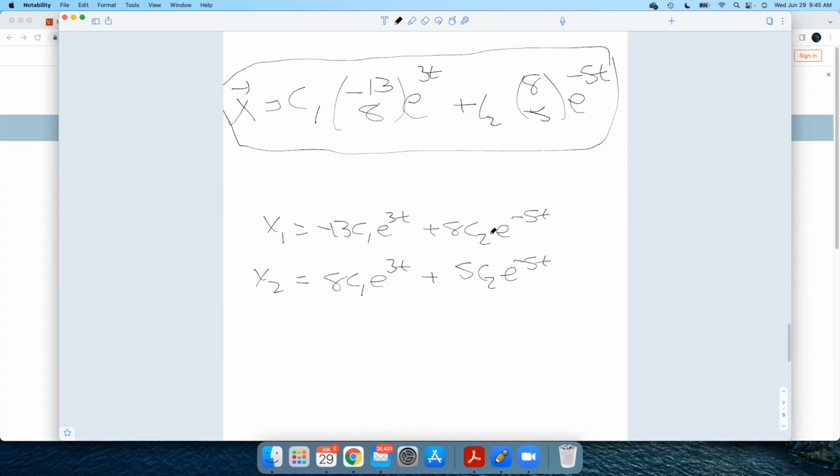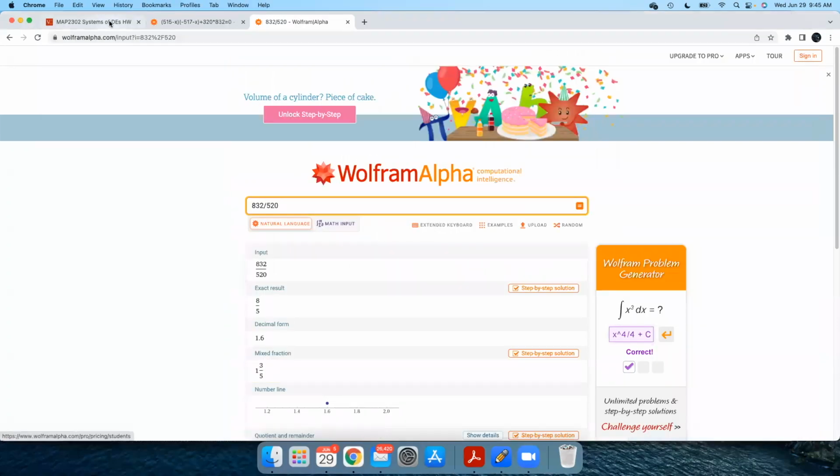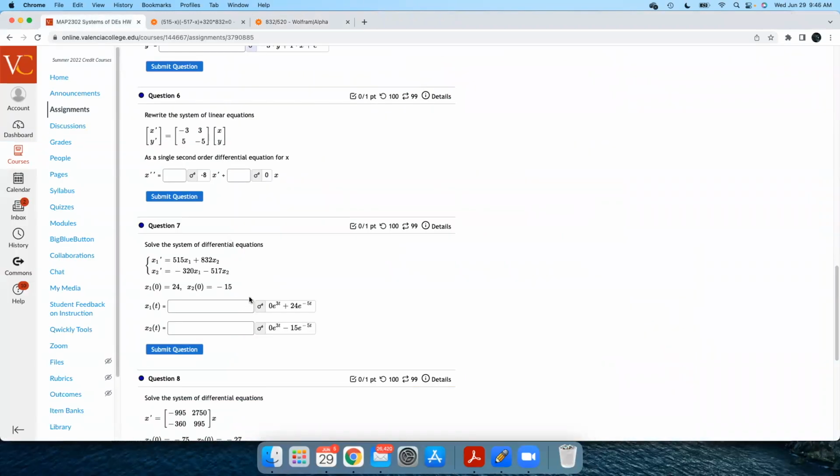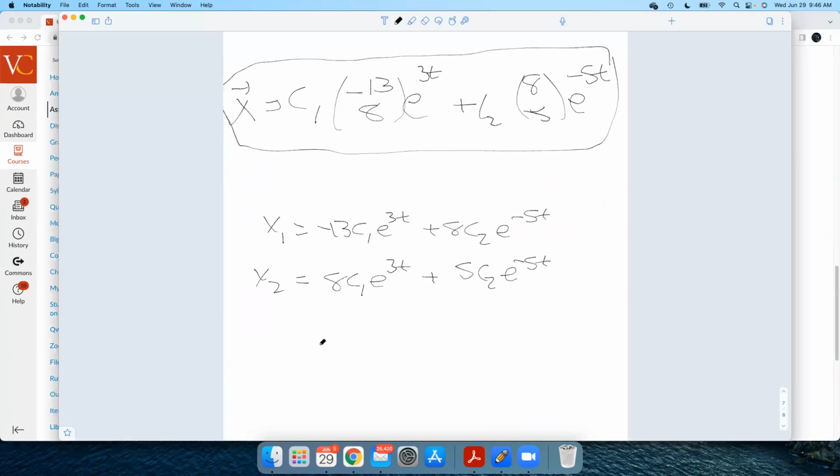We're trying to find C1 and C2 that will make these equations satisfy the initial values. And I don't remember what those were. 24 and negative 15. It's x1, x2 0 was negative 15.